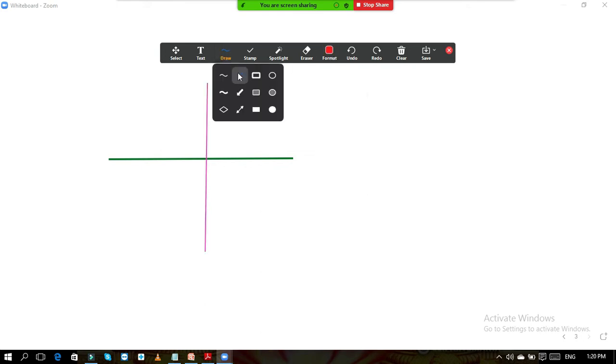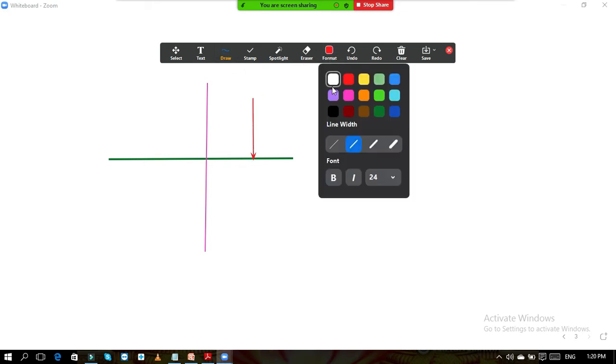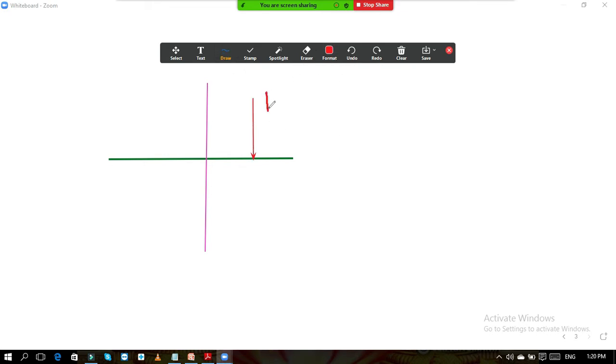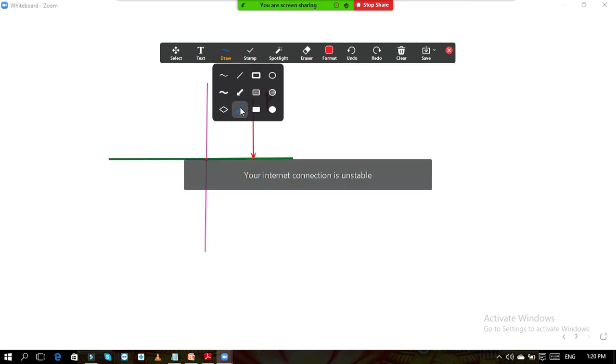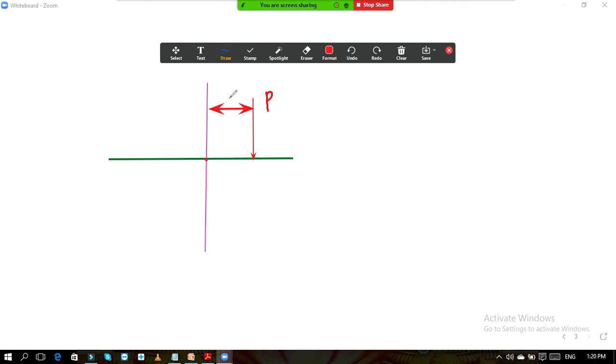The load is acting over here, so this is the load P. This is your centroid somewhere here, and the load is acting at a distance e. This is your eccentricity e.